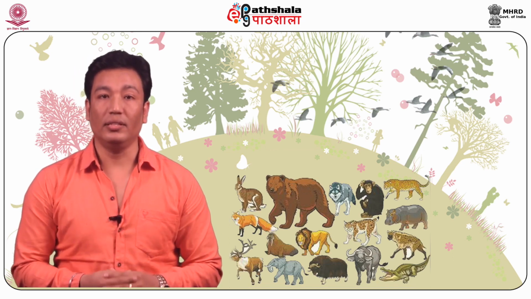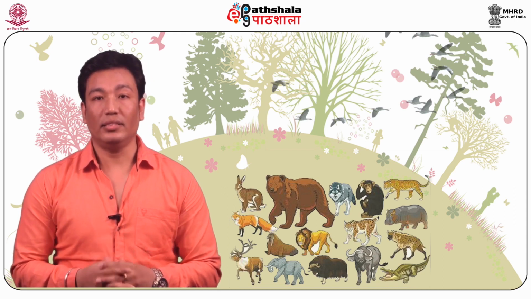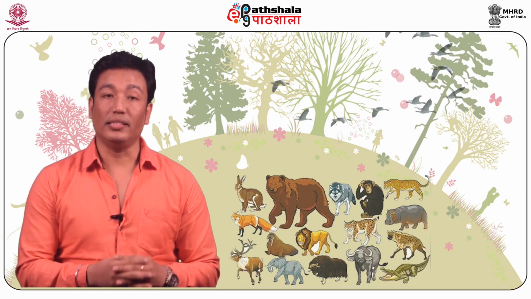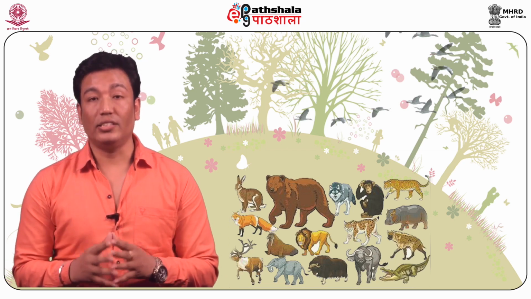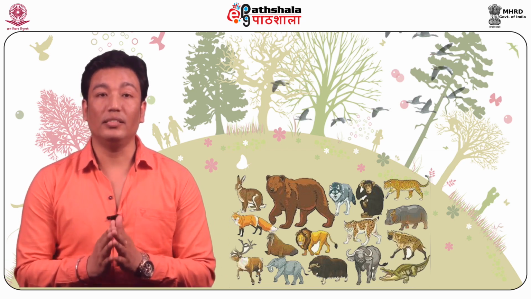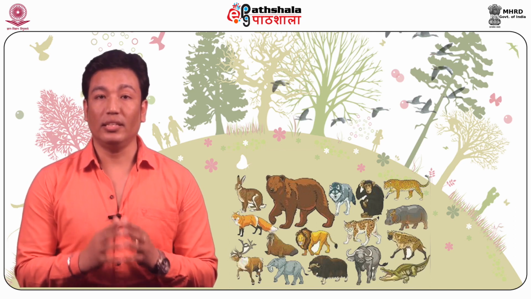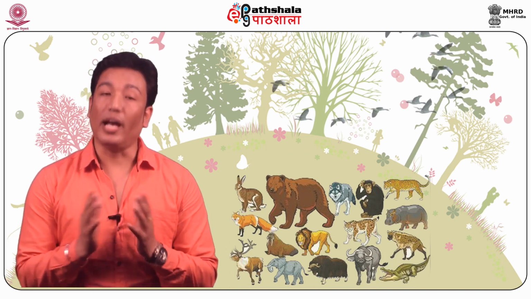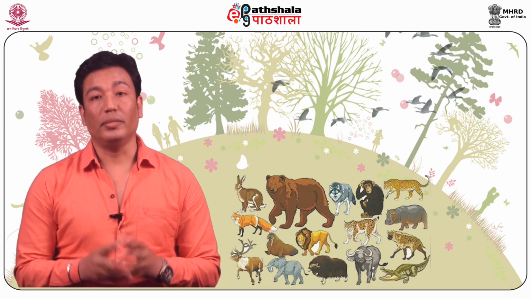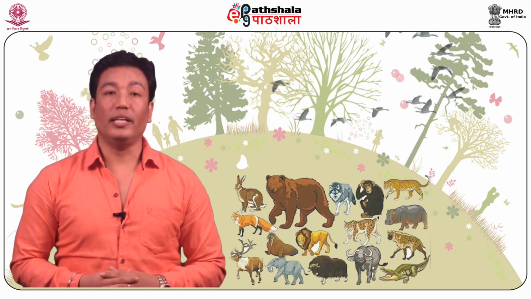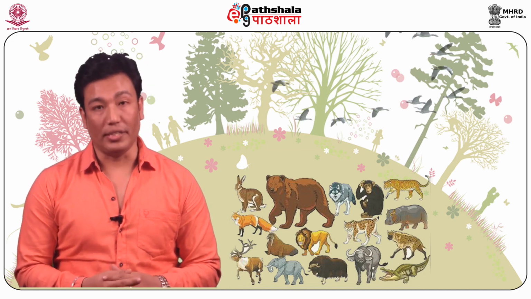MacArthur and Wilson in 1967 suggested that islands exhibited different patterns of variation, with more species on large islands near continents than on remote and small islands. Conservation biology involves the measurement of biodiversity as an important integral part.